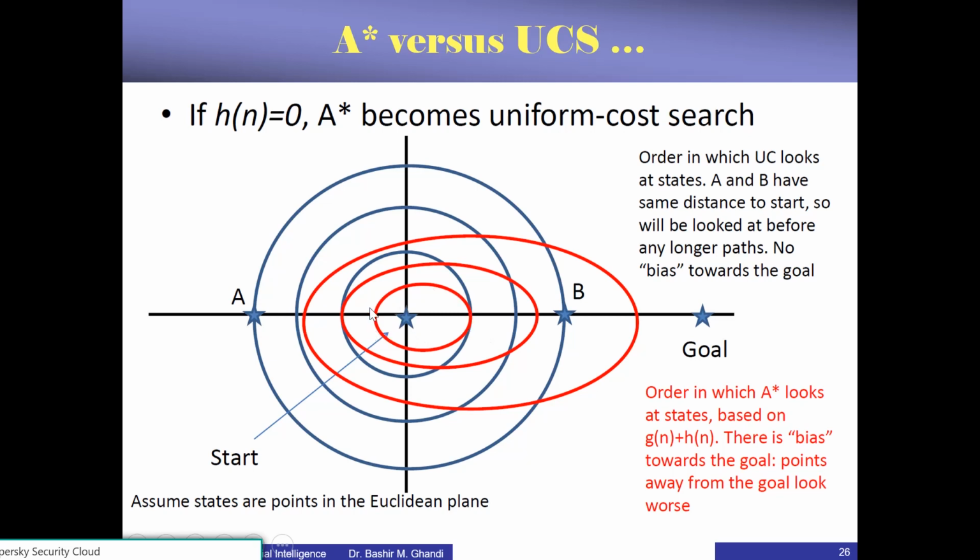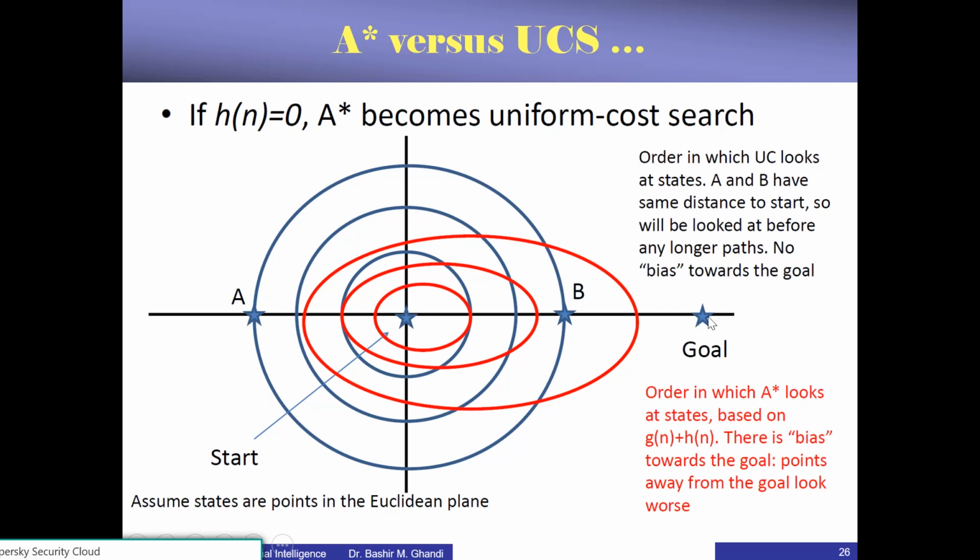So you can see the contour of A star is being elongated towards the goal. This is the idea. And the better the heuristic function, the more it will be elongated towards the goal. That is why it will be able to reach the goal much faster compared to the other uninformed search.